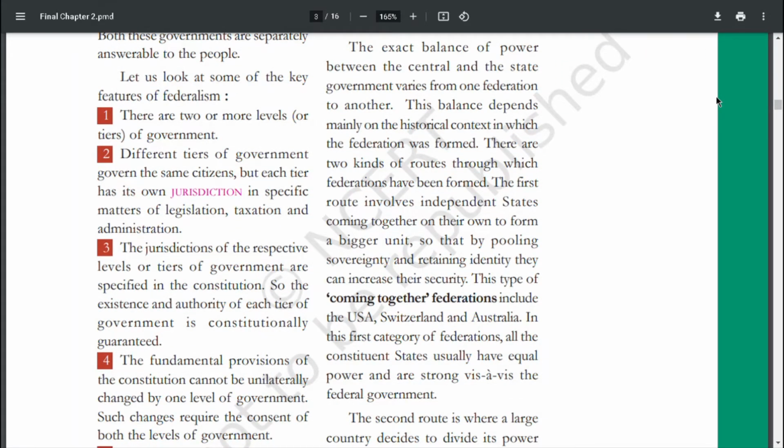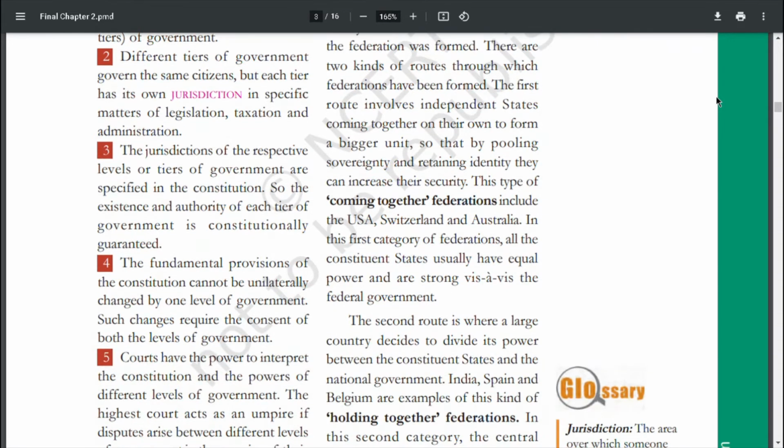Let us look at some of the key features of federalism. First, there are two or more levels or tiers of government. Second, different tiers of government govern the same citizens, but each tier has its own jurisdiction in specific matters of legislation, taxation, and administration.